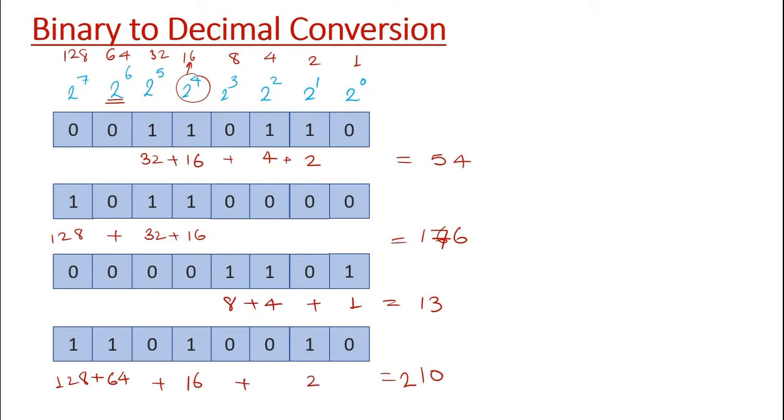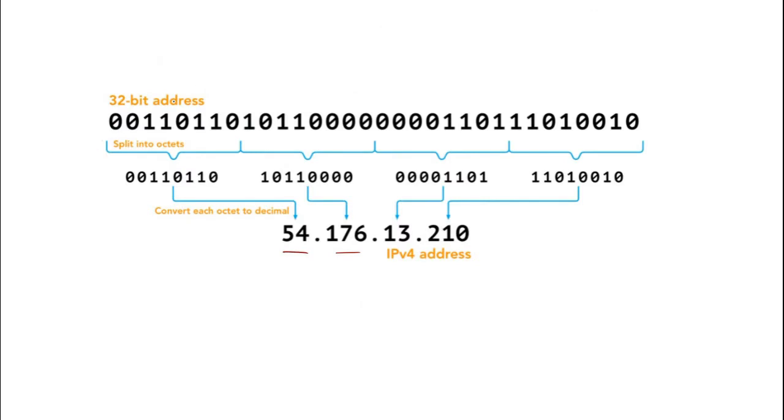So we can represent this number like this, right? We took the binary number, total 32-bit, then we divided it into octets like this, smaller octets, and then we write each octet in the decimal format like this. Why are we writing in this decimal format? Because this is a little easy to remember.